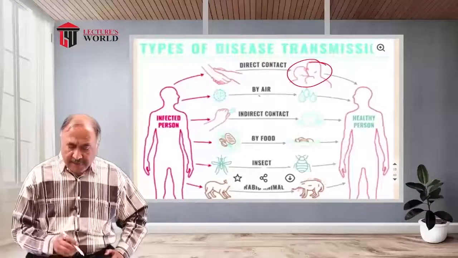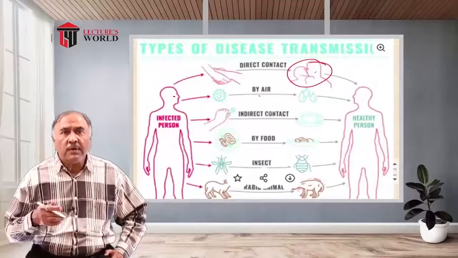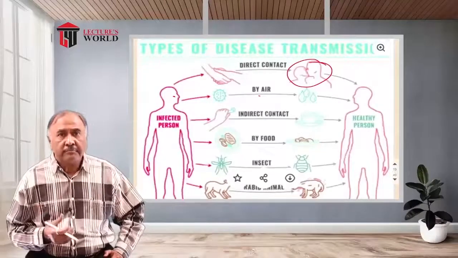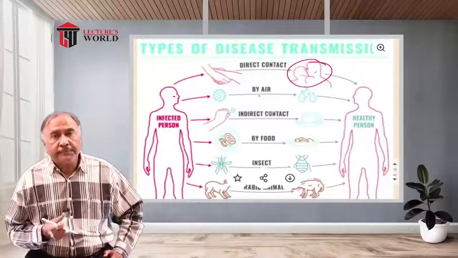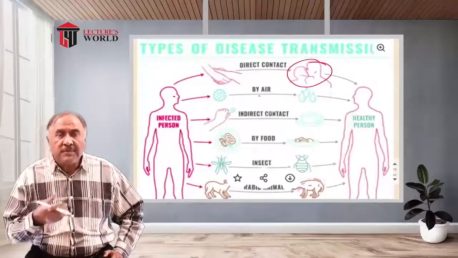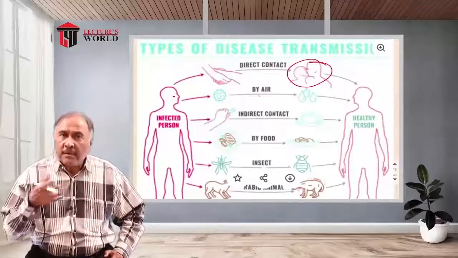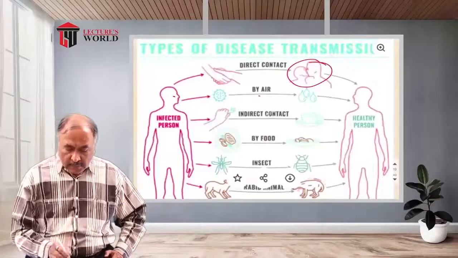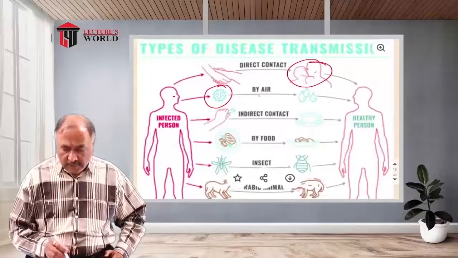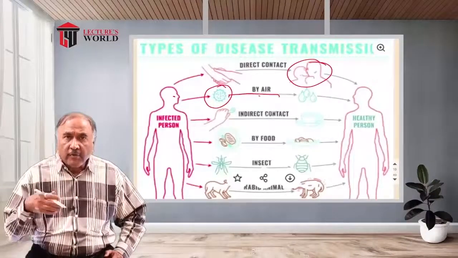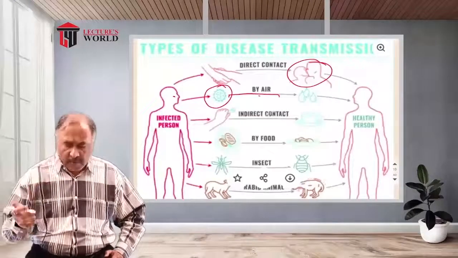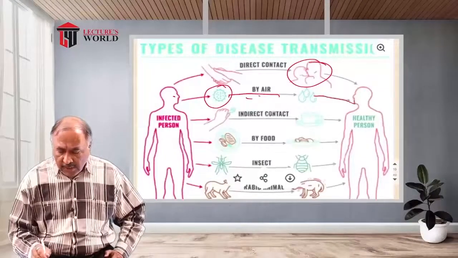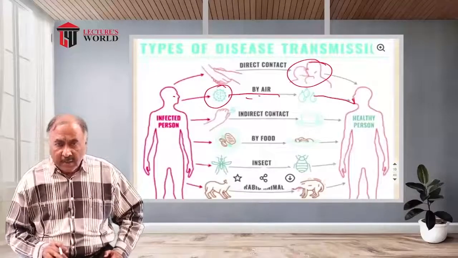Second one, by air. When the person would sneeze, cough, talk, microorganisms would come out from the mouth. This is the example of a virus here. By air. So when you talk, when you cough, micro droplets will come out from your mouth, and through air it would be inhaled by healthy individuals.